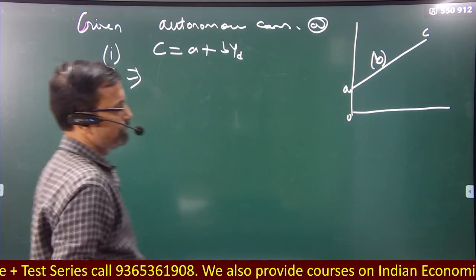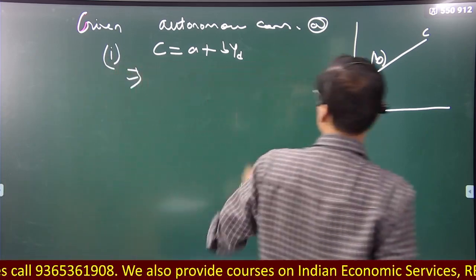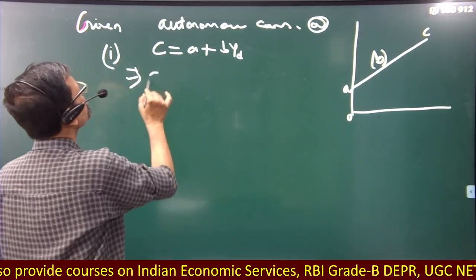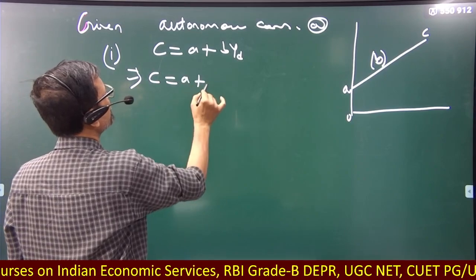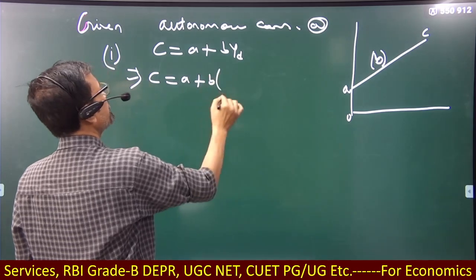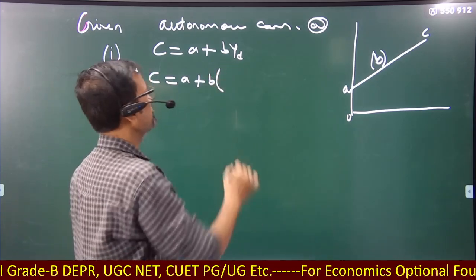First of all, we have to structure these equations as per the demand of the question. This one, consumption, is A plus B, and disposable income is what here?